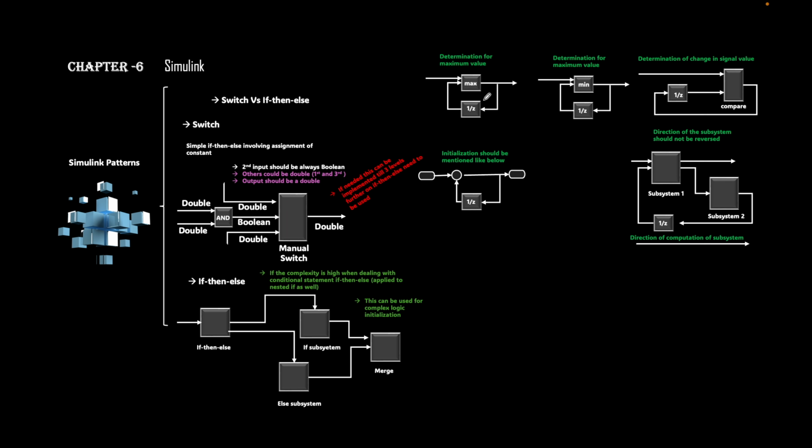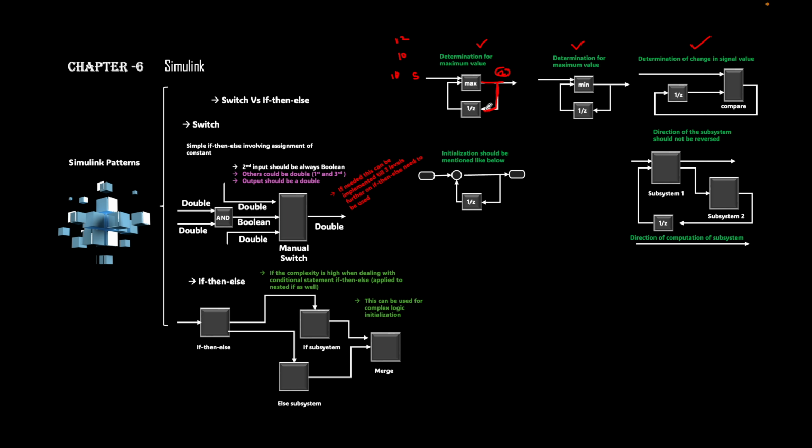Now coming to the determination of design patterns related to the maximum value of a signal, minimum value of a signal, and if there is a signal change, how you should design all these blocks. If you want to determine the maximum value, then how does it work? If you have a signal that has a value of 10 and it then changes to 12, then the maximum value will be 12 all the time, even if the signal changes back again to 10.